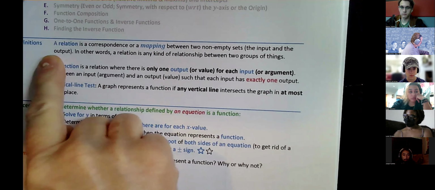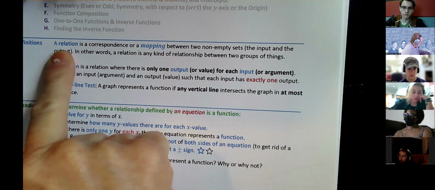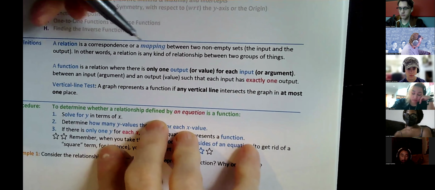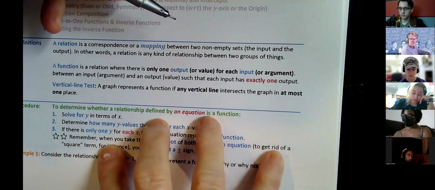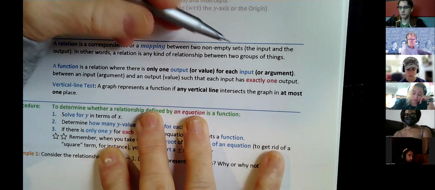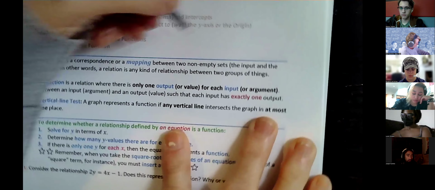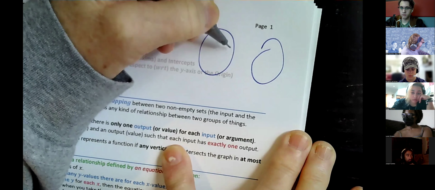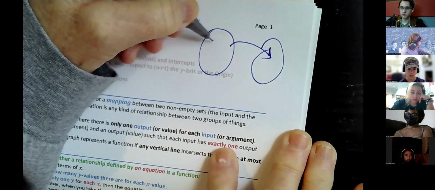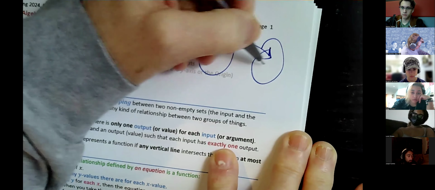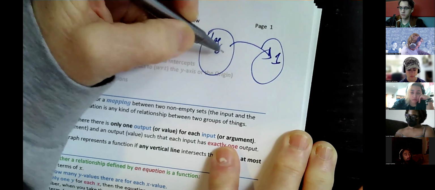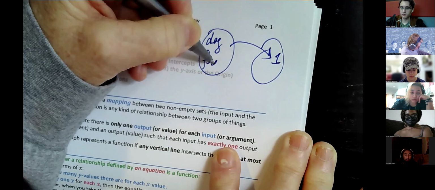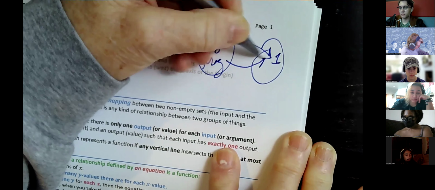So we're going to start with a relation. A relation is any correspondence or mapping between two sets that are neither one empty. So like, for instance, we could have a dog could go to 1 and frog could also go to 1.